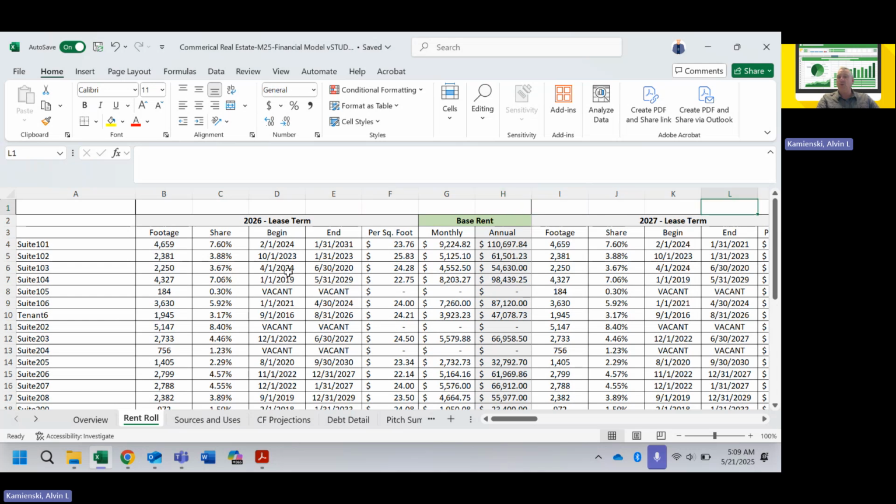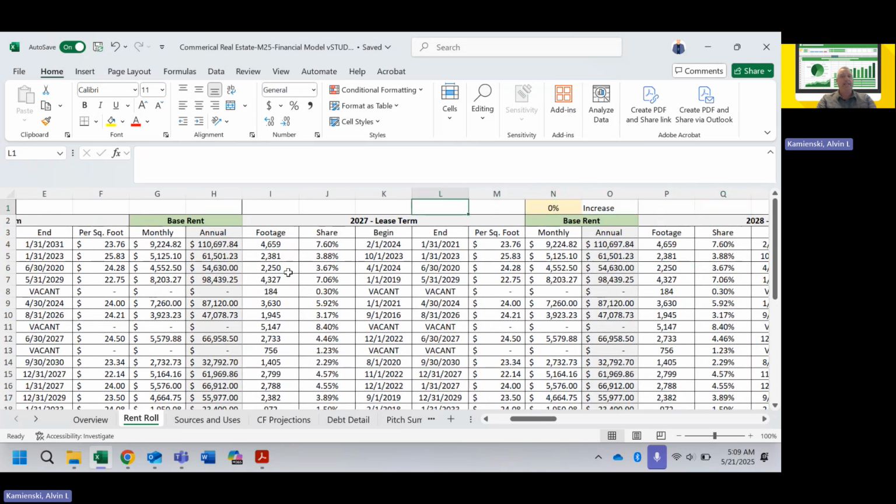So on the rent roll, we have the ability to say, okay, in 2027, we are going to subject our clients, for example, who are paying $23.76 right now, to a 3% increase.